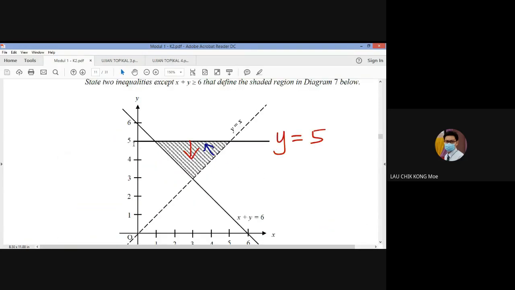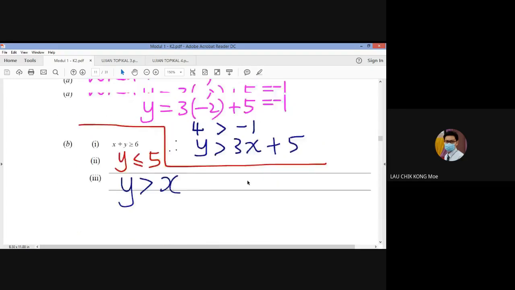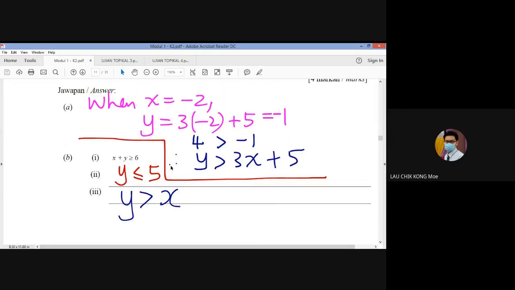Let's look at this, the red one, where I use the red arrow. This line is horizontal. Horizontal means passing the y-axis. So this straight line is y equals to 5. And we need to do y less than 5. Okay, so under the straight line. But this is a solid line, so we use y less than or equals to 5.